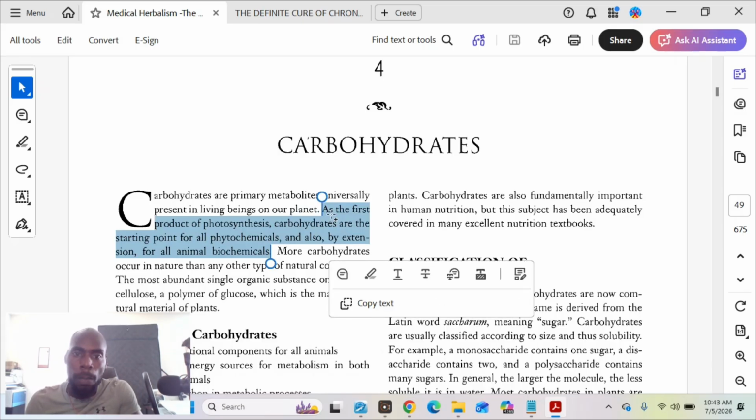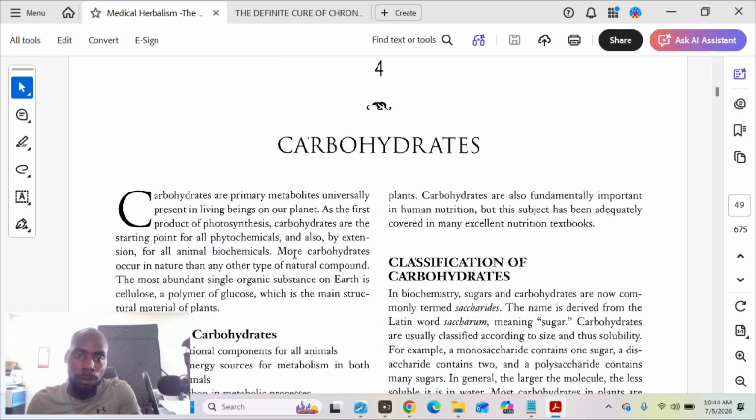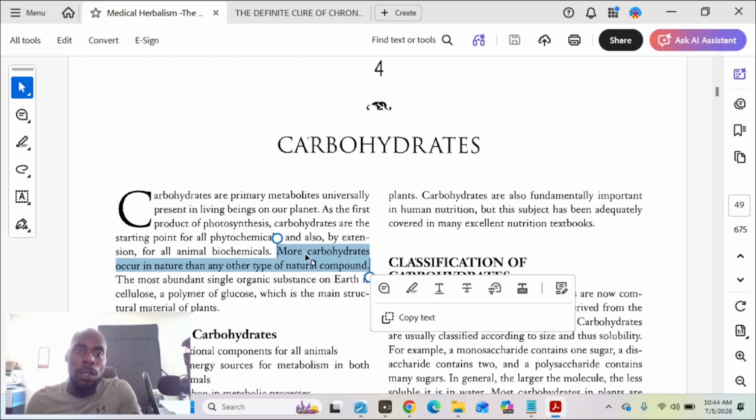I'm gonna read this again. As the first product of photosynthesis, carbohydrates are the starting point for all phytochemicals and also by extension for all animal biochemicals. More carbohydrates occur in nature than any other type of natural compound.